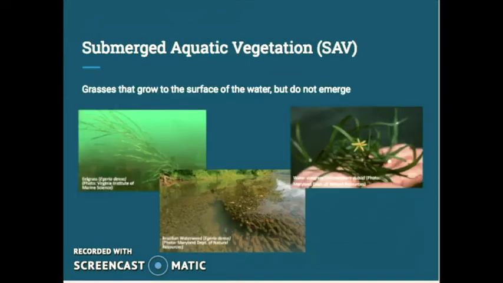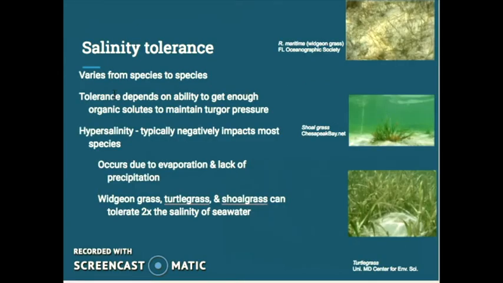As an example, we're going to look at some submerged aquatic vegetation. These are grasses that grow to the surface of the water, but they don't emerge from it. They're completely underwater, and they have different salinity tolerances.